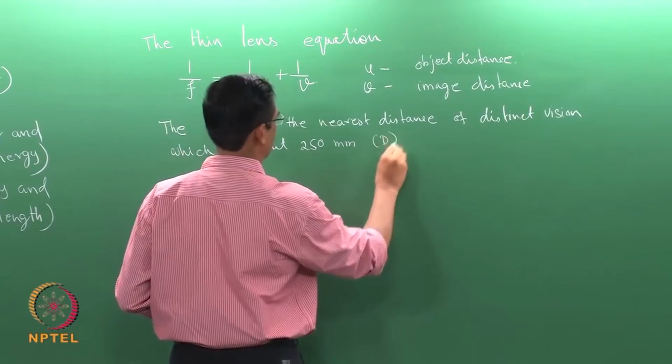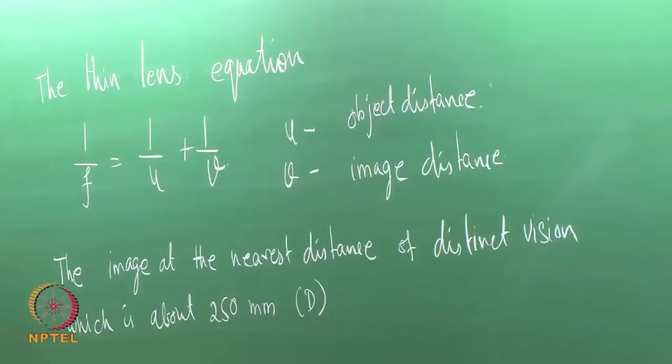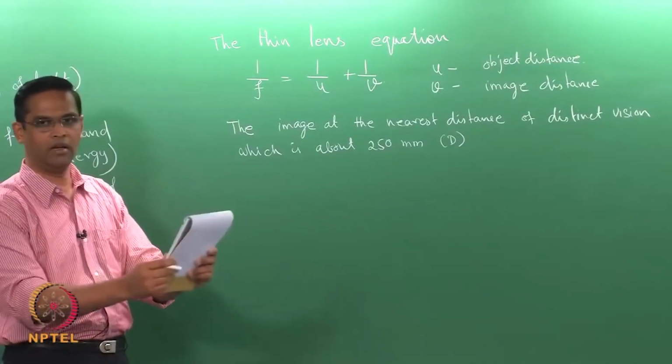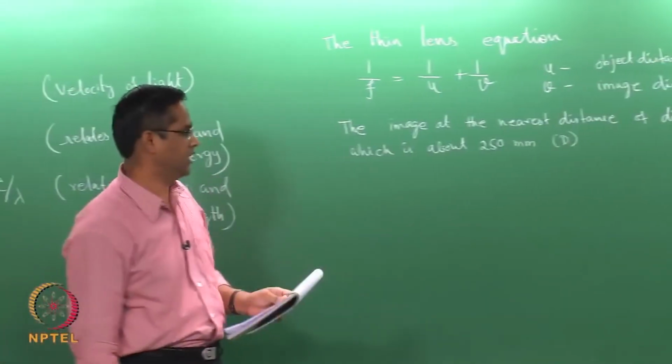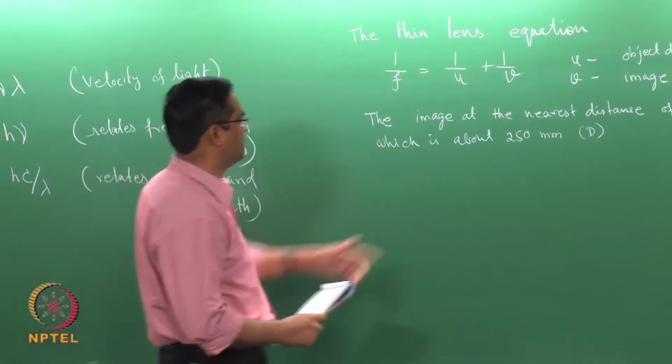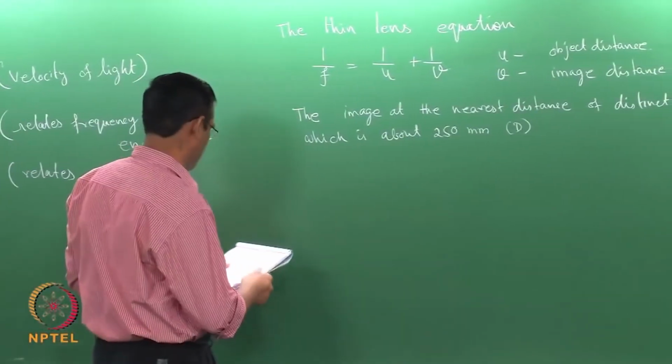This is normally denoted as D, capital D. This is the minimum nearest distance with which we are able to see any object with our normal vision, which is 250 mm.